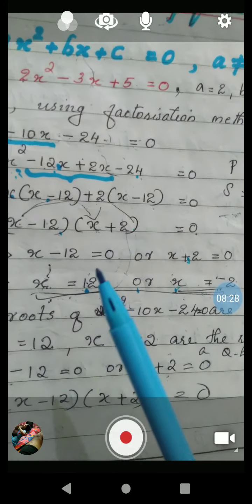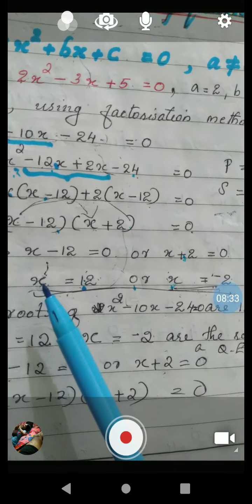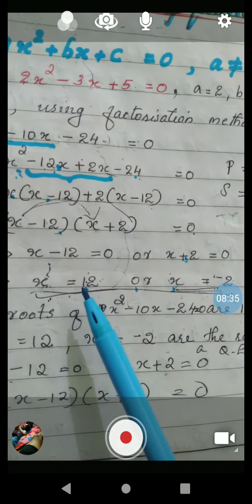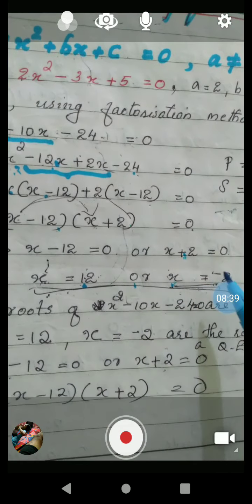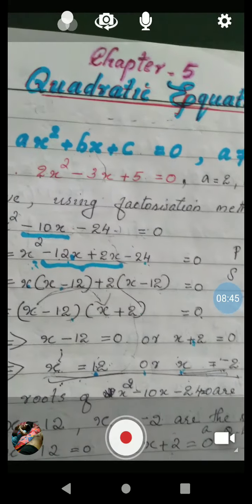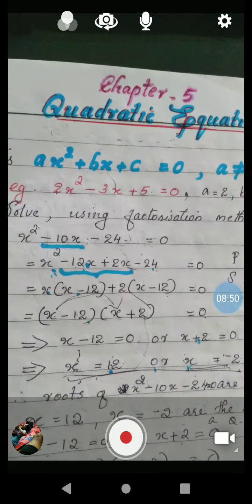So, we get two values or two solutions for x. The value of x is 12 or the value of x is minus 2. And we can check whether our answer is correct or not. How? How can we check? Any idea?